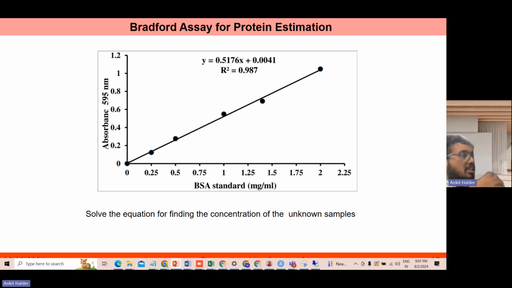And this kind of equation you will be getting: y equals mx plus c, a simple linear equation, and the intercept should be 0, and the graph should start from the origin, 0, 0. Then only we can estimate the actual concentration of the protein.